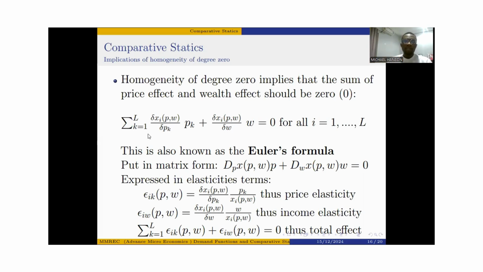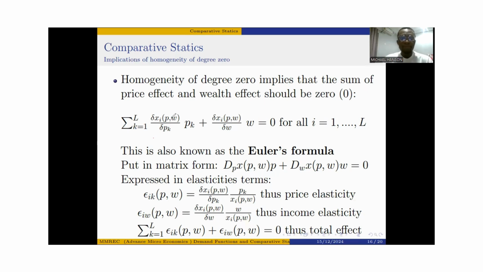Okay, so let's see with price effects. Now we are going to differentiate this demand function with respect to price. But you should understand this is a product rule. So we are going to differentiate this with respect to price, then we keep the x constant and differentiate this also.